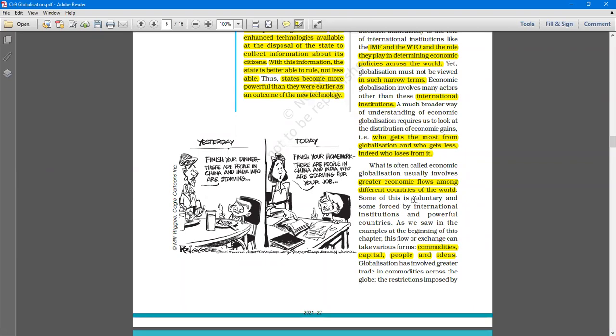Some of this movement is voluntary and some is forced by international institutions. As we discussed, being a member of the WTO, the World Trade Organization, whatever the WTO says, the members have to follow all the instructions, rules and norms set by the WTO.